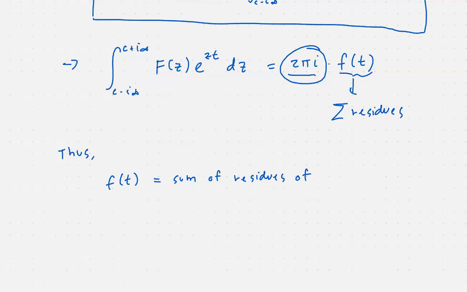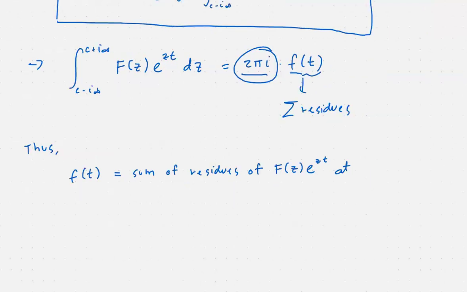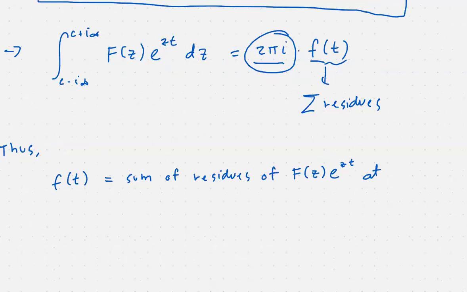Now, here is another common difference from what we've been practicing. It should be all poles. Remember in previous examples, the residues that we used were only those inside our contour. But in this case, we are integrating in the whole complex plane, so we need the residue from each pole.